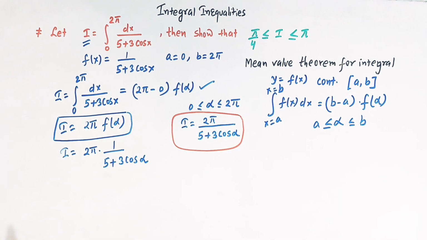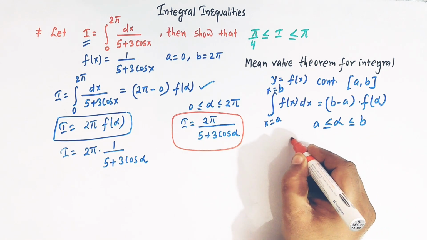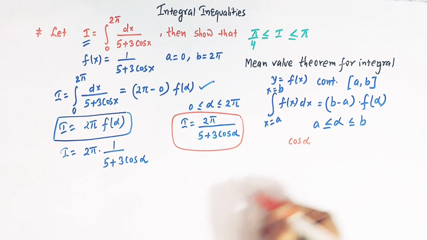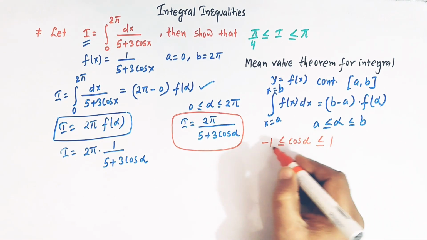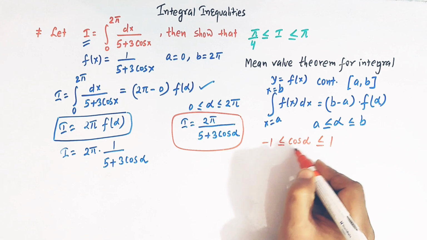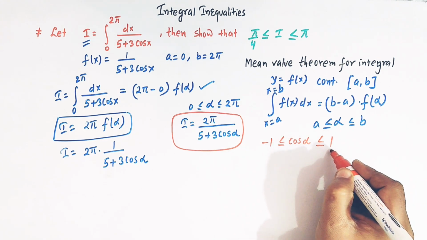Now let us make use of some trigonometry here. We know that the value of cosine of alpha lies between minus 1 and 1. That is, the minimum value of cos alpha is minus 1 and the maximum value of cos alpha is 1.